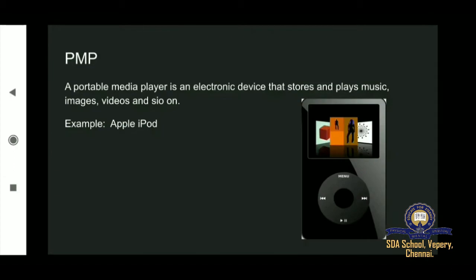So that is about PMP. The example is Apple iPod. I have also shown you a picture of the PMP. It has menus. You can forward, pause, play, go back, and listen to the next song. You have all those things in a PMP.